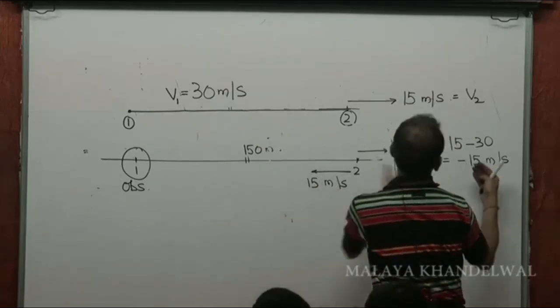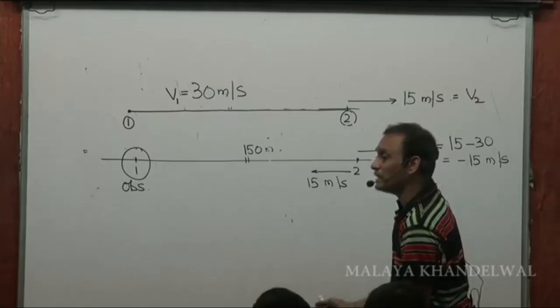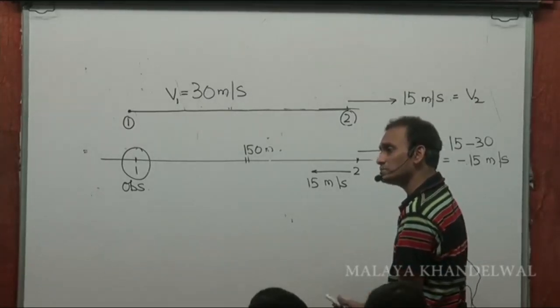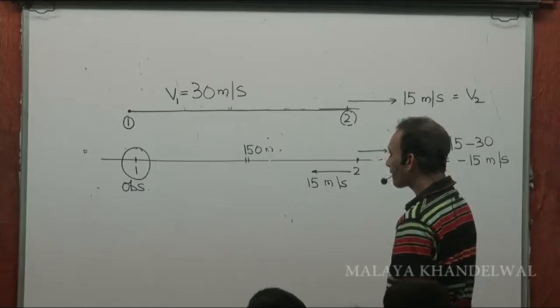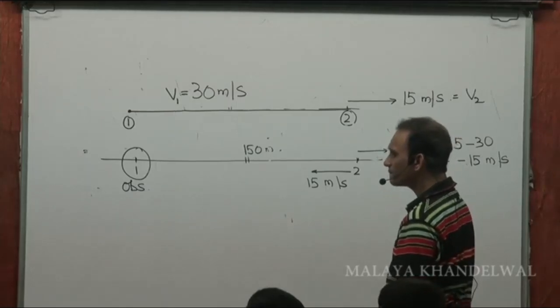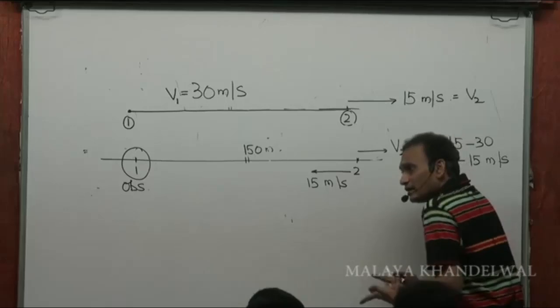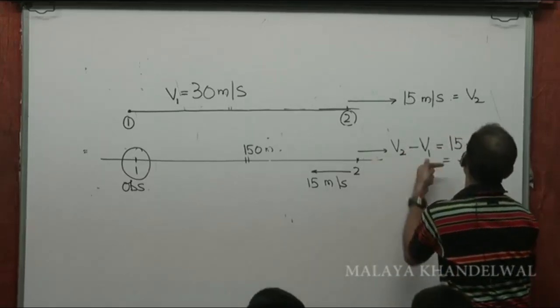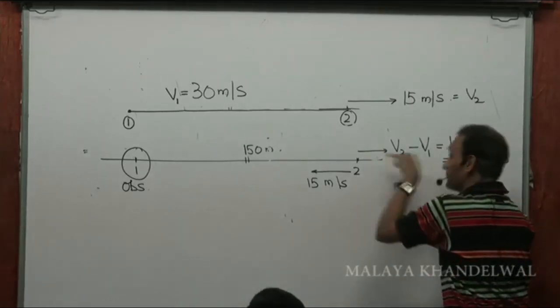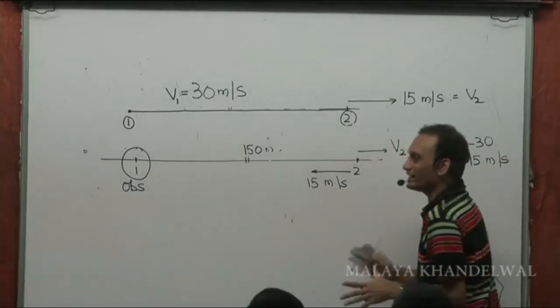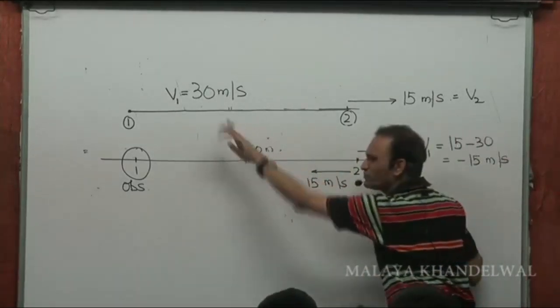Then minus 150 by minus 15 will still be 10. So time taken is still 10 seconds for them to catch up. Physically it's fine, because the velocity of 2 with respect to 1 is negative to the right. That means it's actually positive to the left. Think of it physically. It's negative to the right means it's positive to the left.